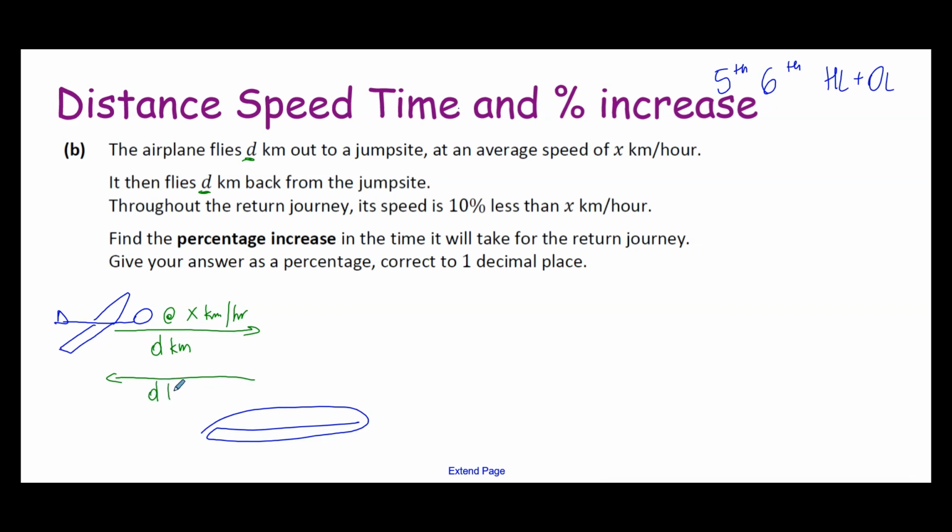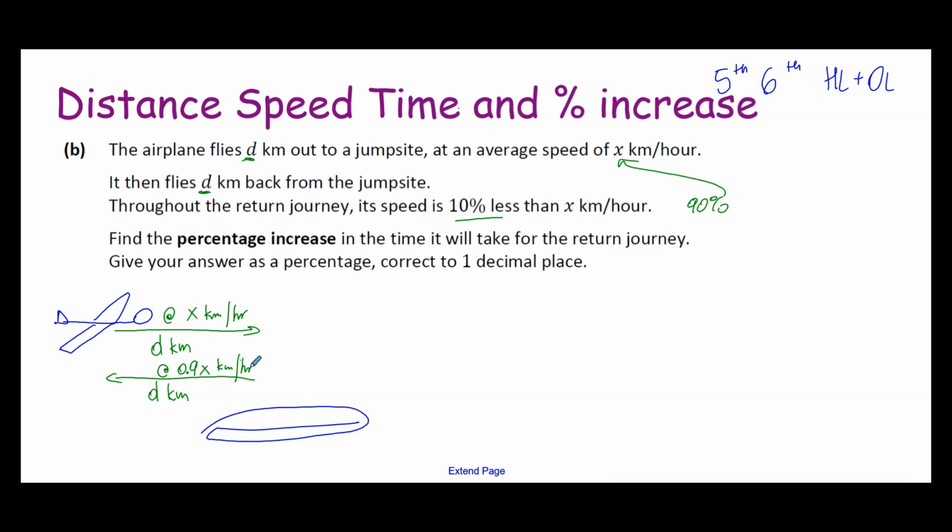So again, d kilometers. Throughout the return journey, its speed is 10% less than x kilometers per hour. If it is 10% less, then it is flying at only 90% of what it did before, so we can say 0.9x kilometers per hour.